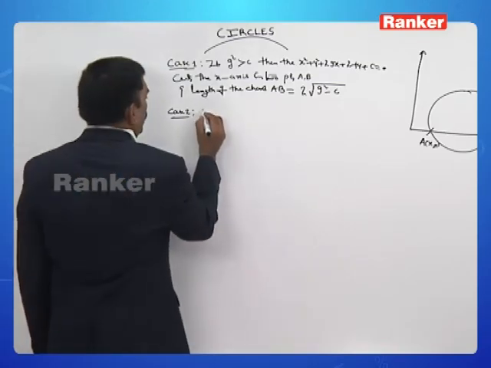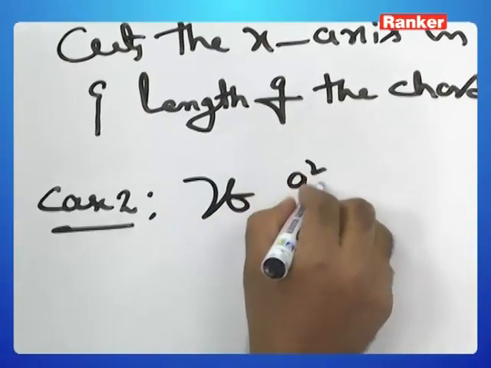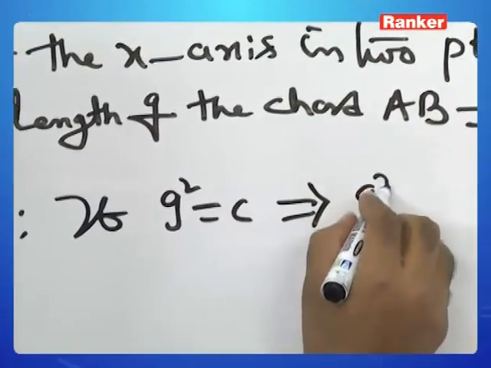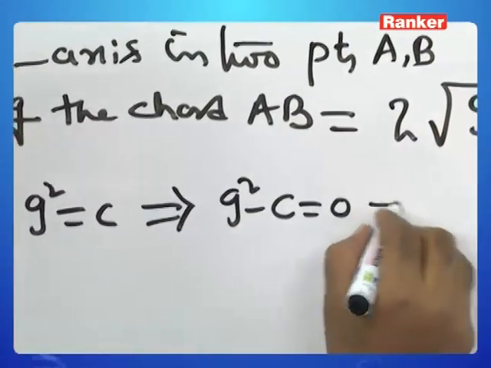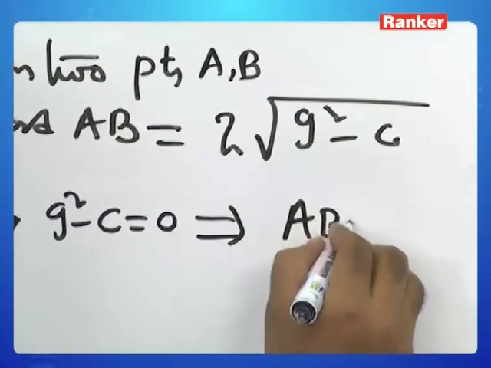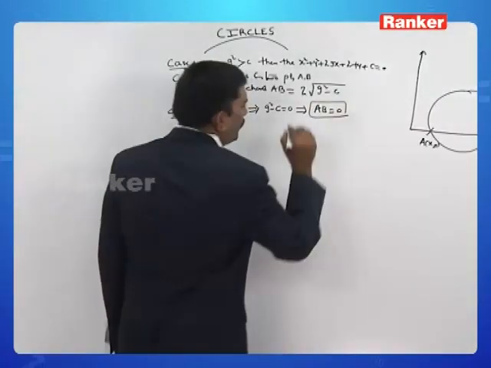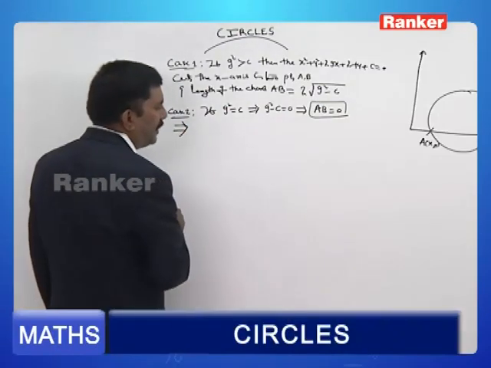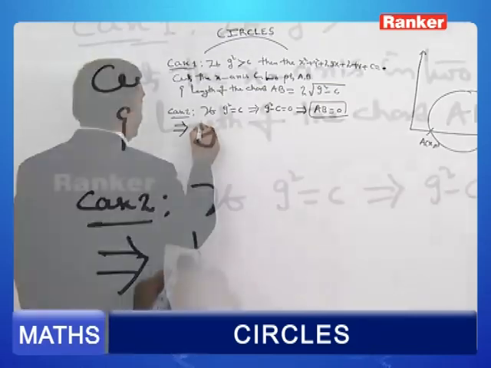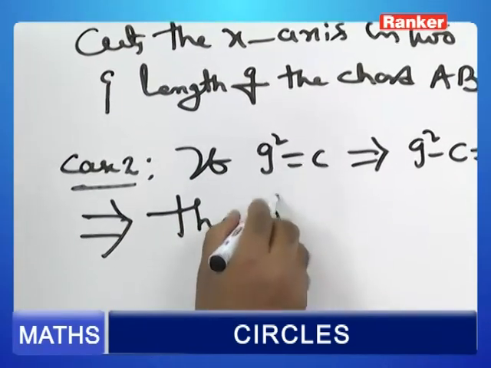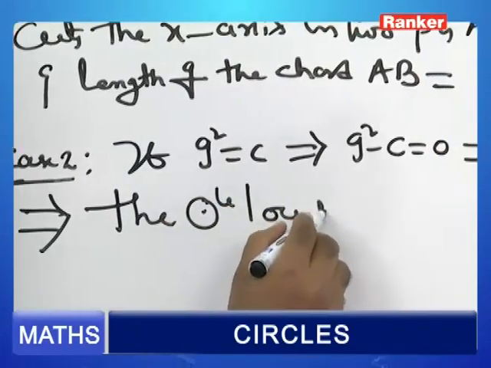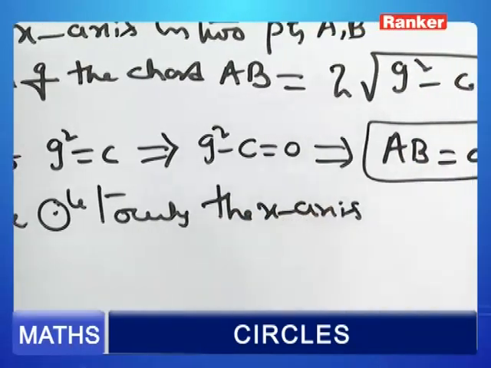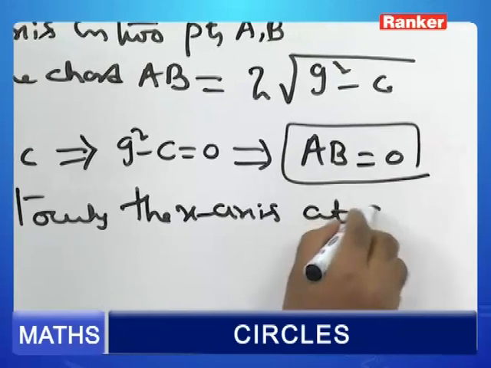That is when, if g square is equal to c, which implies g square minus c is equal to 0, which implies the length of the chord AB is equal to 0, which implies the circle touches the x-axis at only one point.